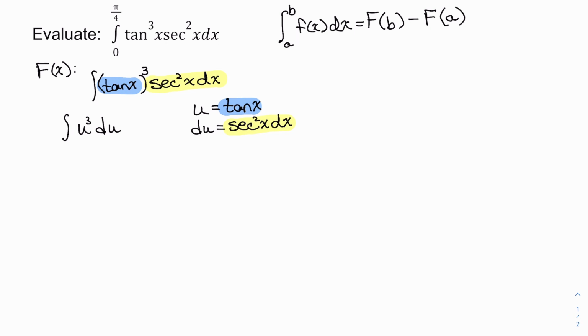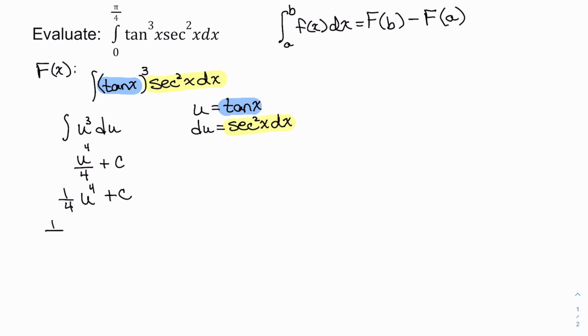Now integrating that, it's a letter base to a number power, and the number power is not -1. So using the general power rule, we'll have u to the power 4 divided by 4, and then plus our arbitrary constant c. And I can write that as 1/4 u to the power 4 plus c. And then going back to the original variable, u, remember, is the tangent x.